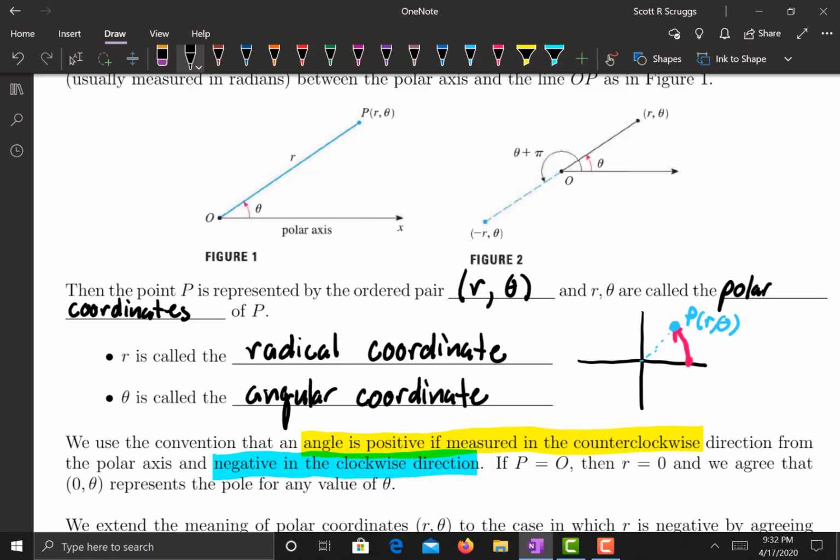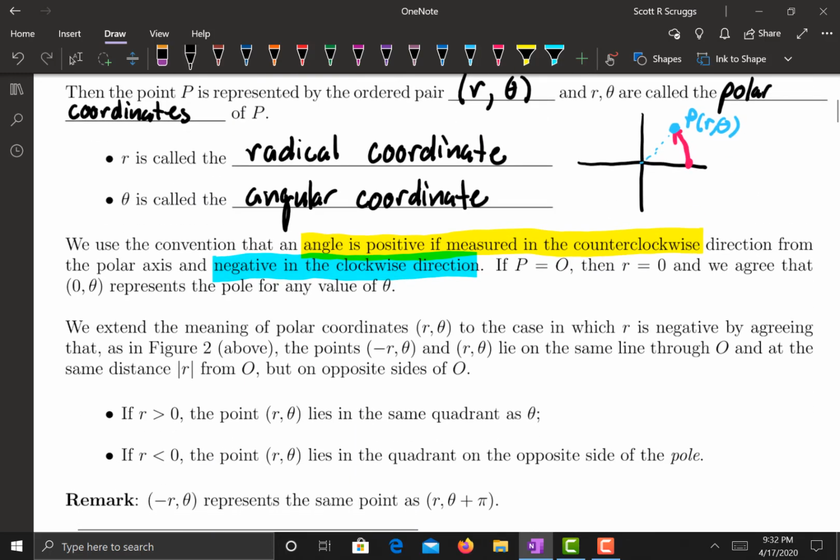And so now let's go ahead and do some shortcuts for r and theta. So here's the thing that I'm thinking of. Let's say I have a negative value for the radial coordinate, and I want to rotate theta units, and I'm going to assume it's positive.